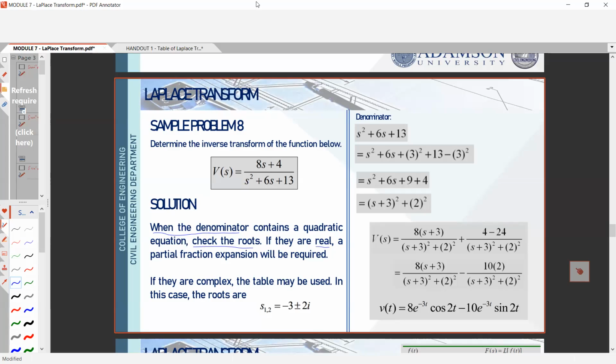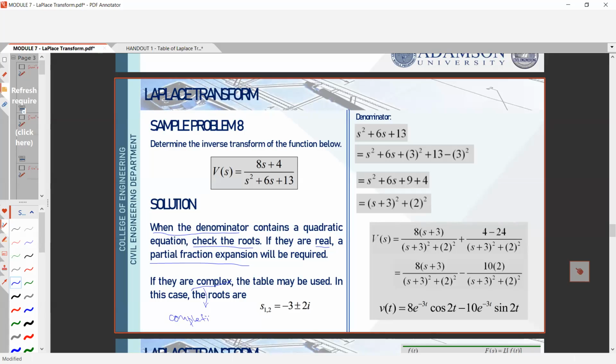If the roots are real, therefore you will use partial fraction expansion. Okay? However, if the roots are complex, you can use completing perfect square.